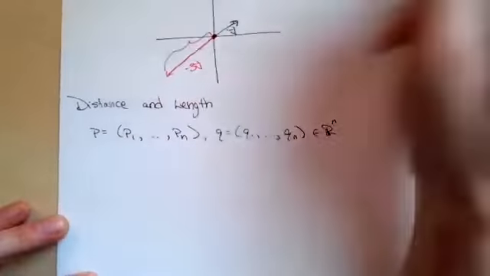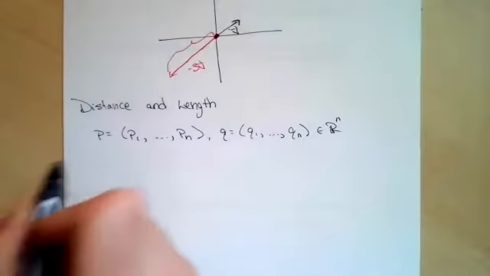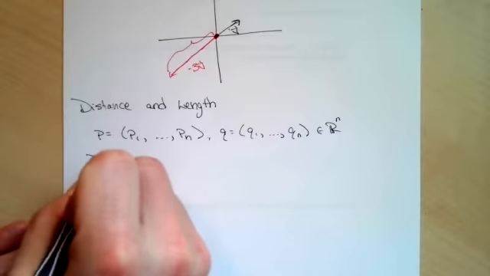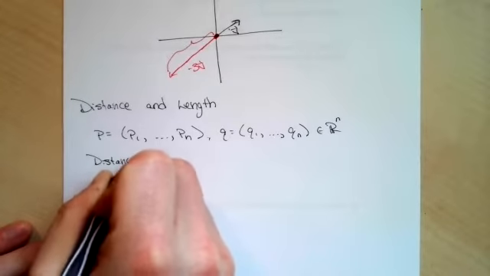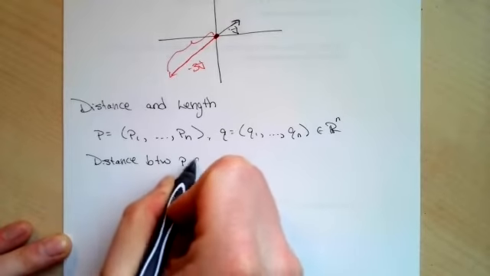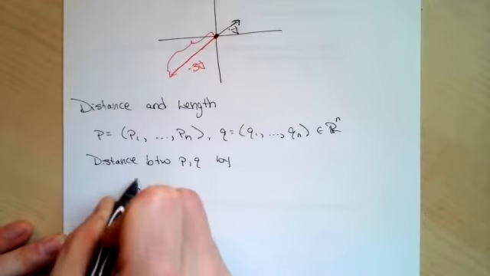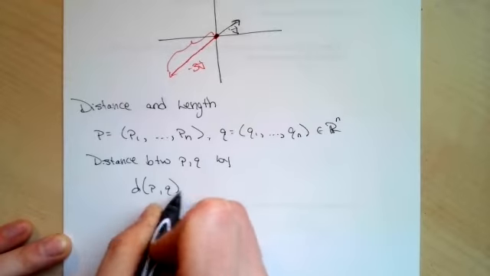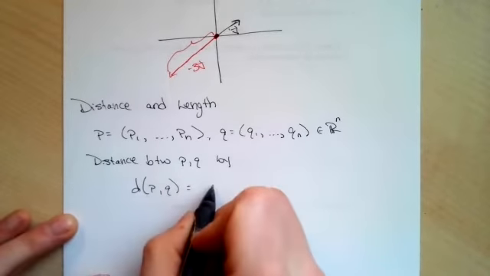But we often define the distance between P and Q by d of P and Q. And what do we want to do?